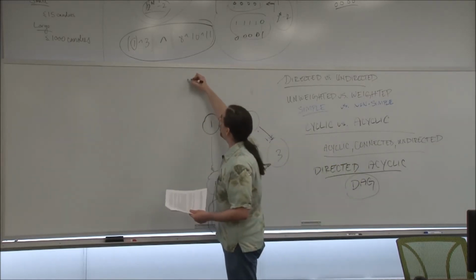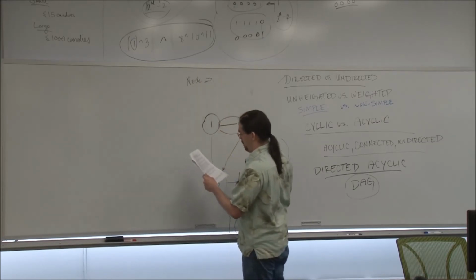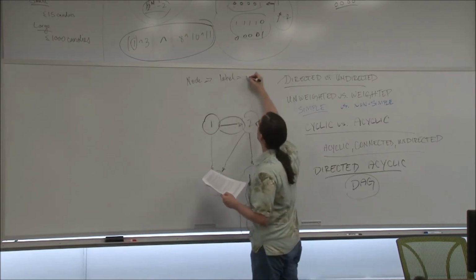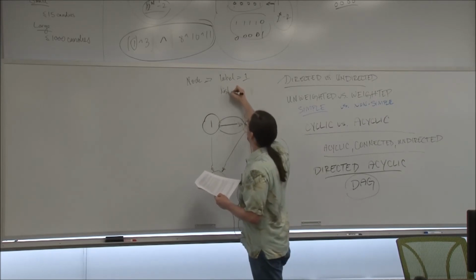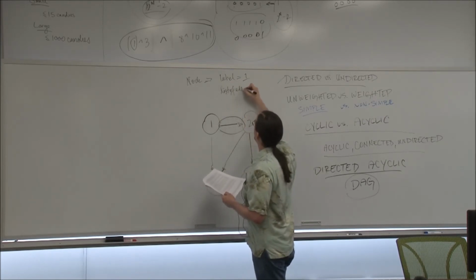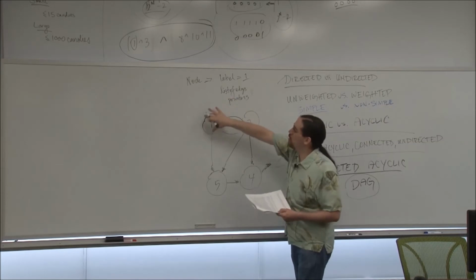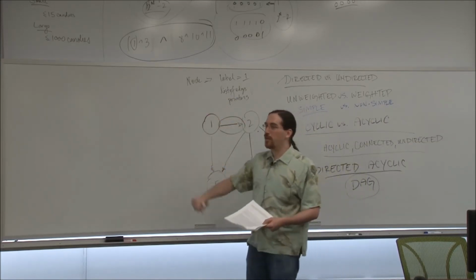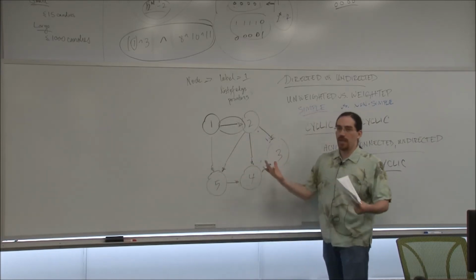So maybe you'll write a class called node, and it's going to have a label, for this one, this might be element 1, and then it'll have a list of edges, which are pointers to other node objects. So node 1 would have a pointer to node 2 and node 5 in a list. And then node 2 would have a pointer to nodes 5, 4, and 3 in a list.